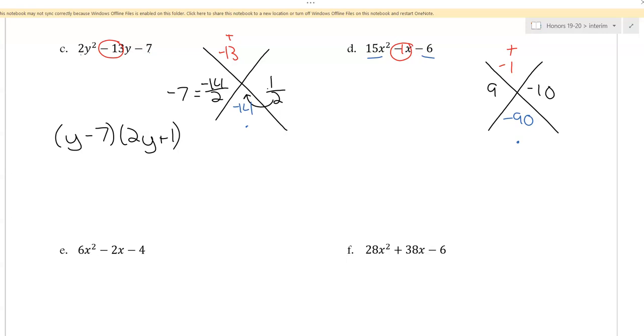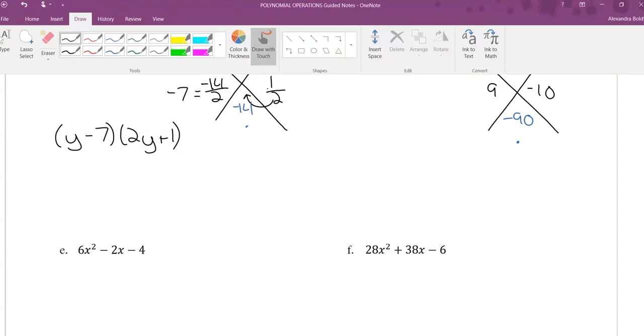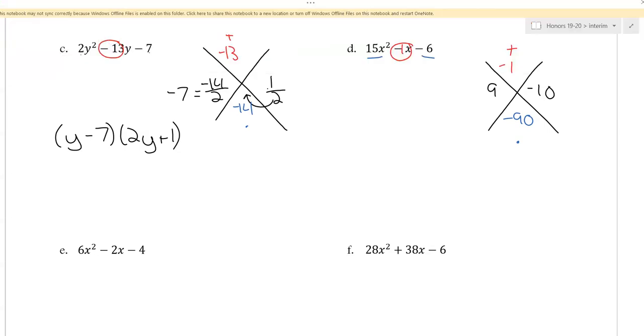And then we have to divide. So we're dividing by 15. Both of these reduce. 9/15 reduces to 3/5. -10/15 reduces to -2/3.